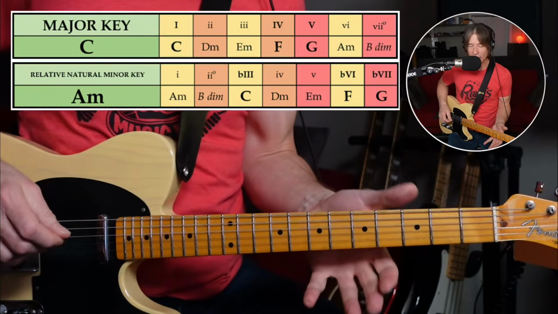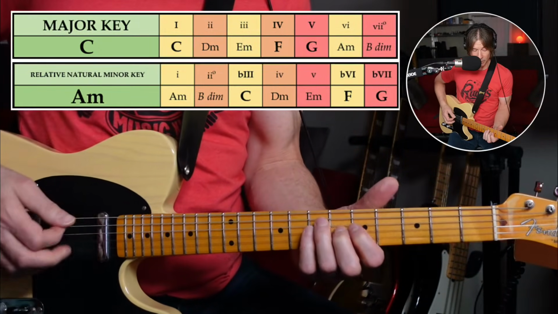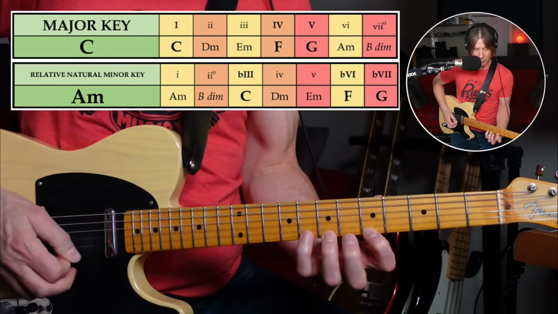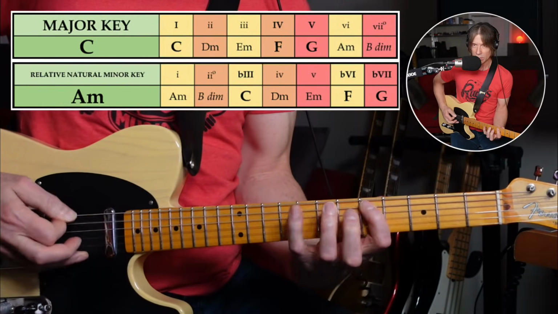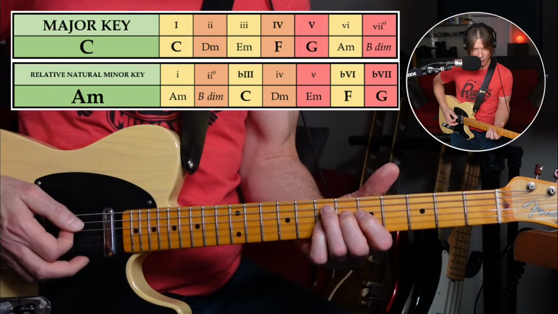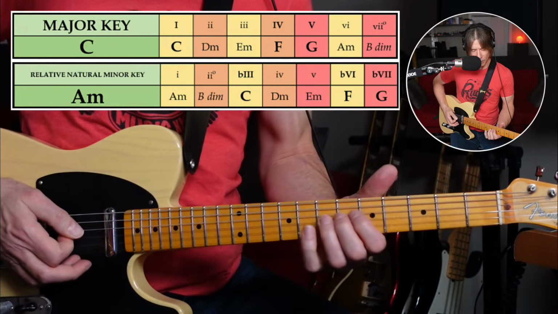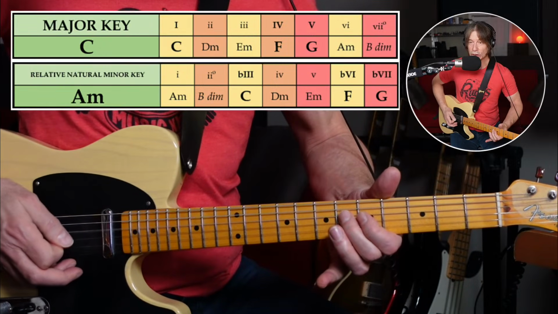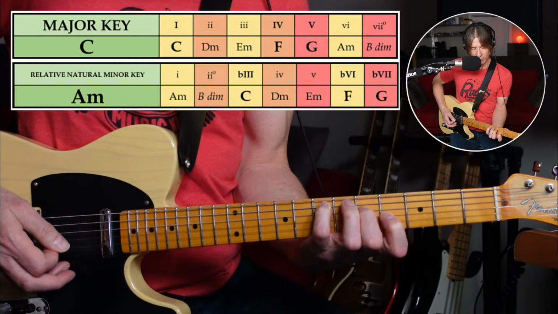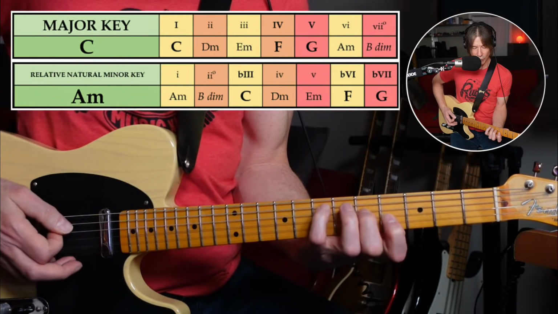But what happens is it changes the scale a little bit. Whereas the scale was completely A minor, when you change one note like that, the scale changes too. The note you're changing is the G, making it a G sharp to compensate, because an E minor has a G in it, the 3rd.